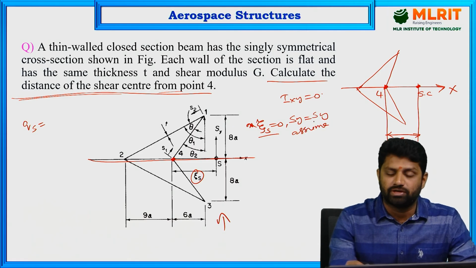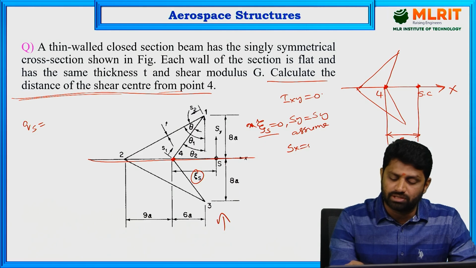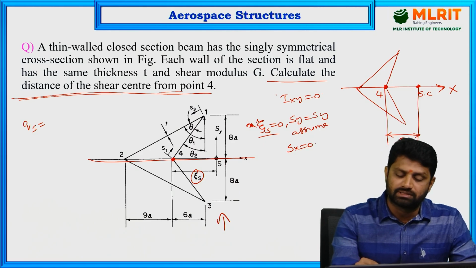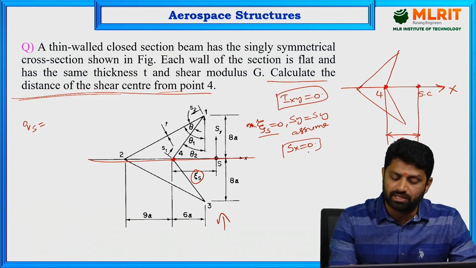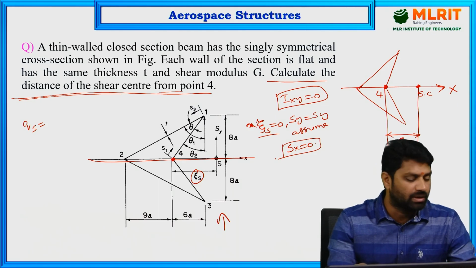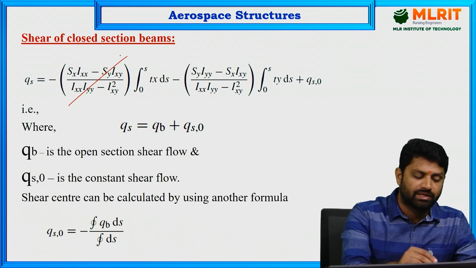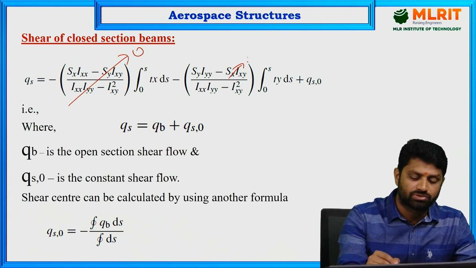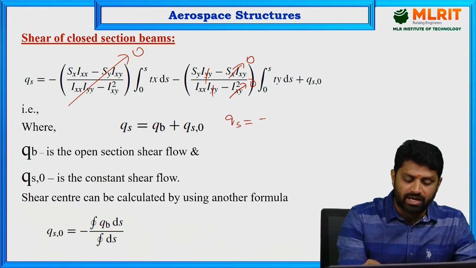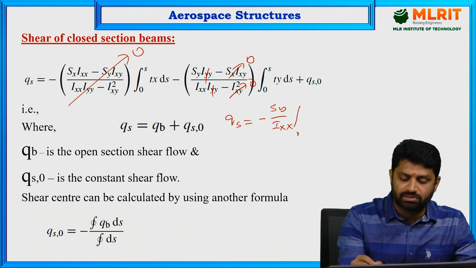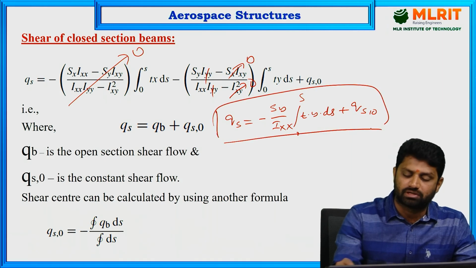So with Ixy equal to 0 and Sx equal to 0, this term goes to 0, this term goes to 0, and you are left with Qs equals minus Sy by Ixx integral 0 to s of t into y into ds plus Qs0. This is the formula that we'll use for solving the problem.